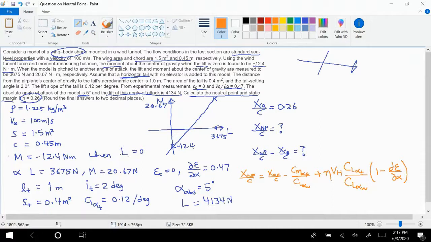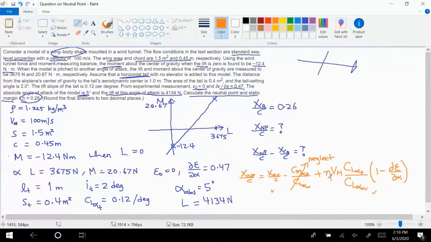Now, in this problem, we are going to ignore the fuselage contribution. It has already been included in the wing contribution. So basically, neglect this term and only focus on the two terms. This XAC term comes from the wing contribution, and the last term comes from the tail contribution.